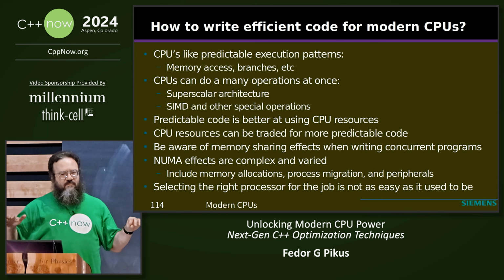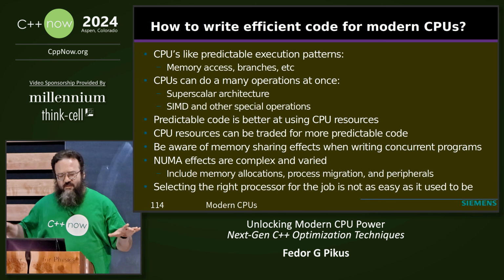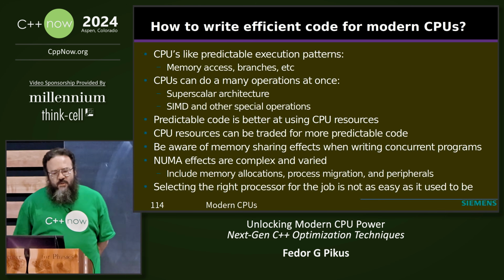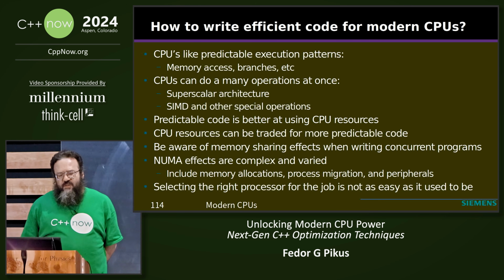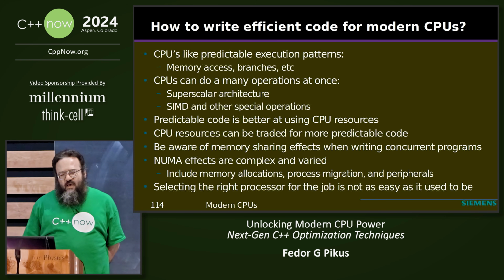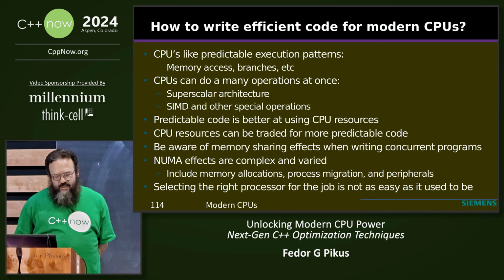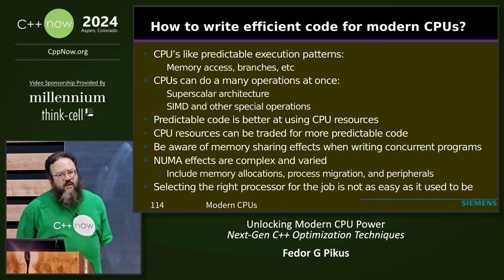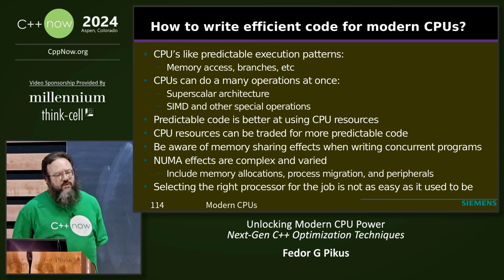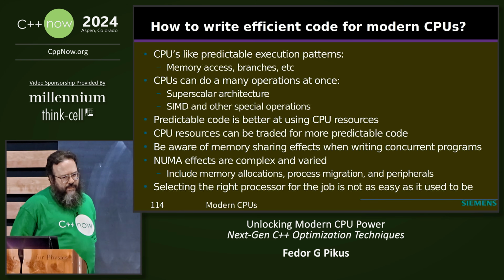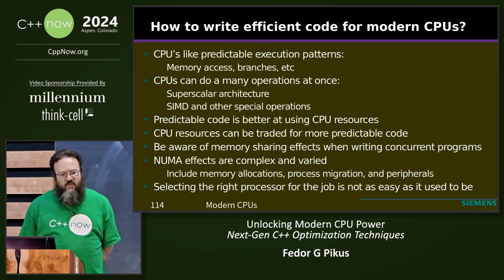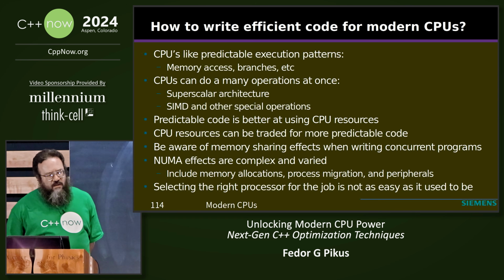So basically, to help them, try to trigger fewer semi-random events. They can do a lot of stuff at once, both on their superscalar units and on their other special operations like SIMD, which means you can trade computations for predictability. These optimizations used to be rare. They're now becoming fairly common.